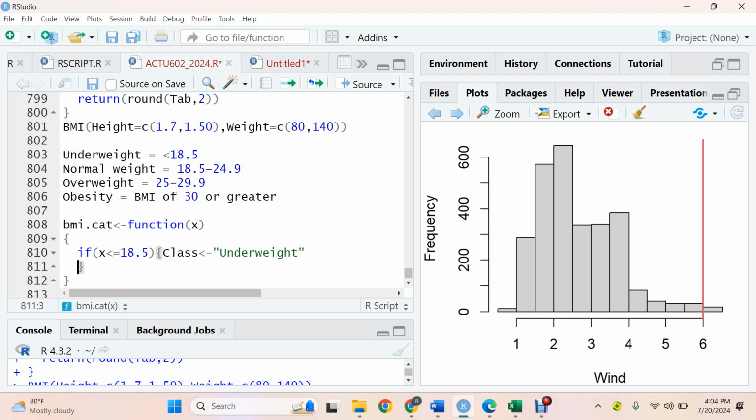Next. Okay, so you will say else, if it is not like that, then you must be between 18.5 and 24. But I have already done less than 18.5. So what I can do is to just write else. No, I have to do else if.